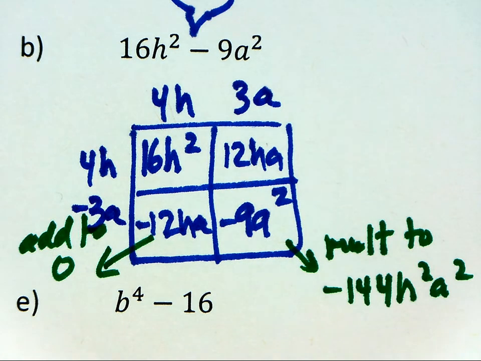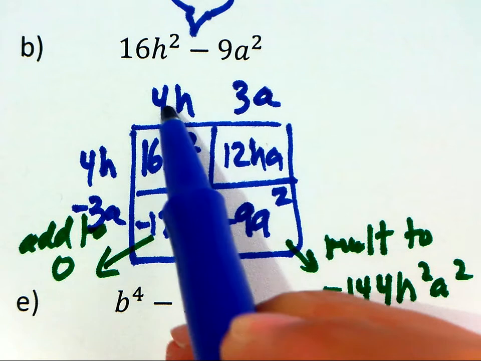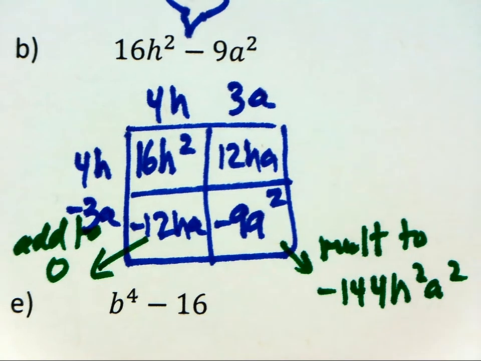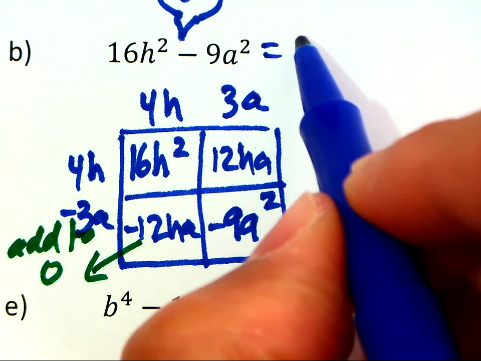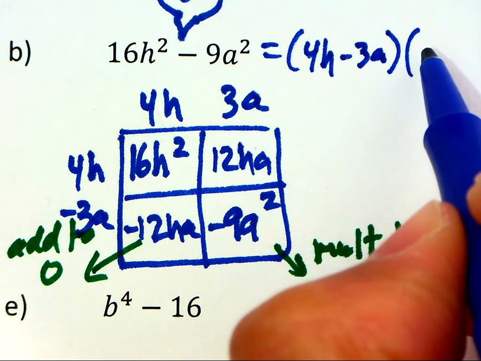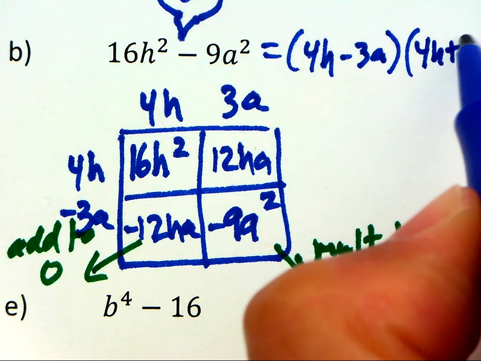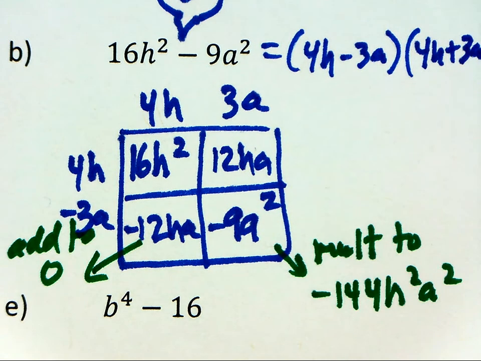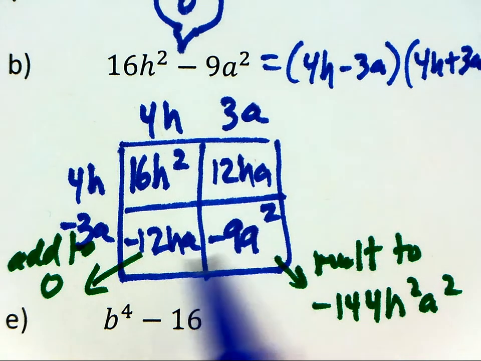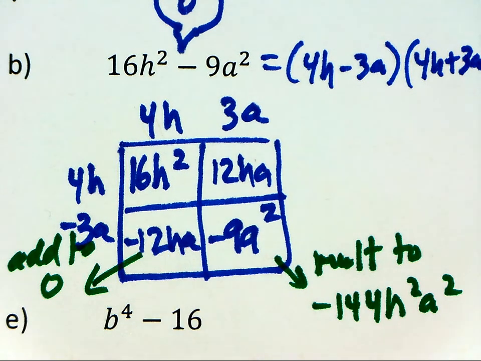You can see that 4 times 3 is 12, 4 times negative 3 is negative 12, so everything works out. So 4h minus 3a and 4h plus 3a. That example demonstrates to me that the box method is probably not going to be efficient. We probably don't want to use the box method.